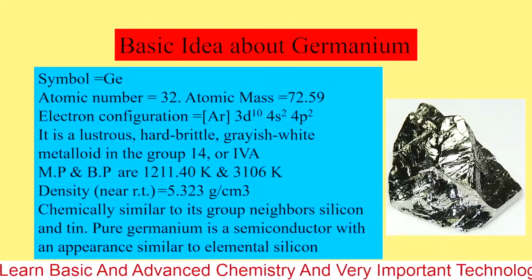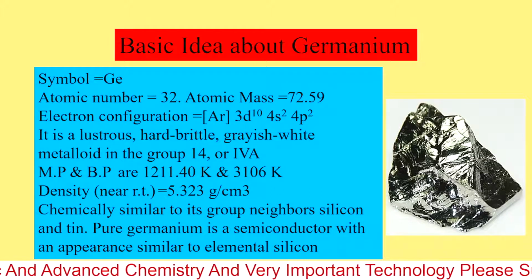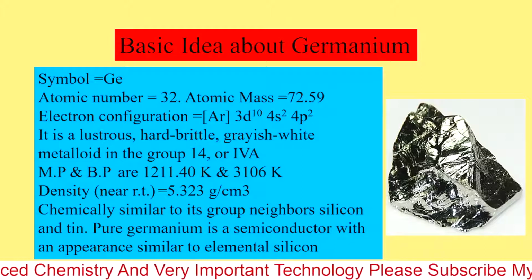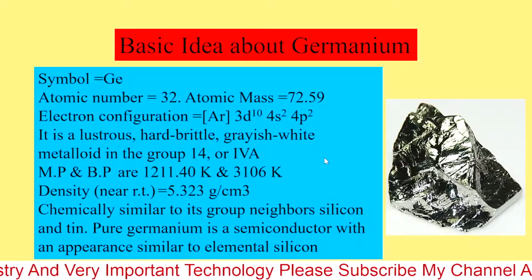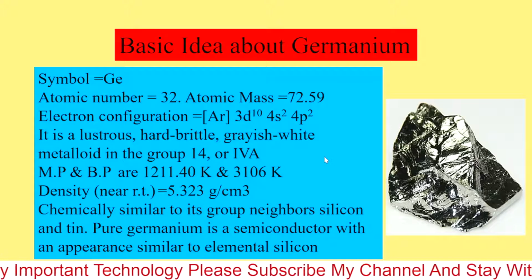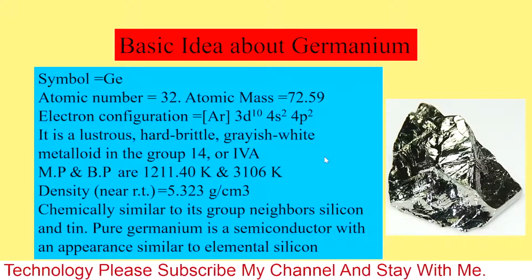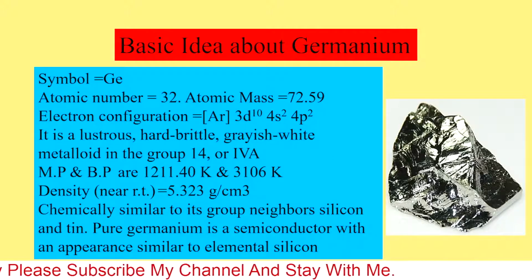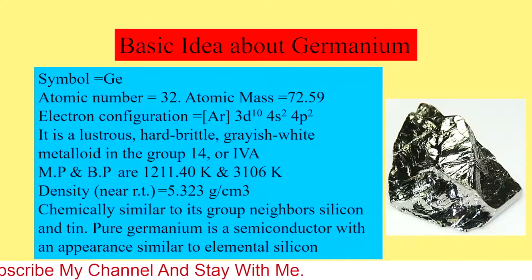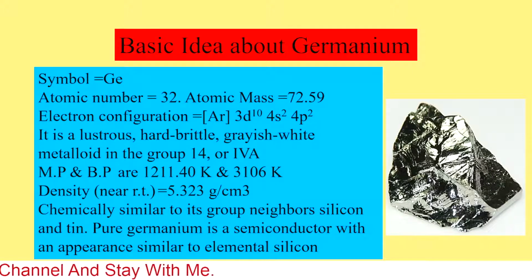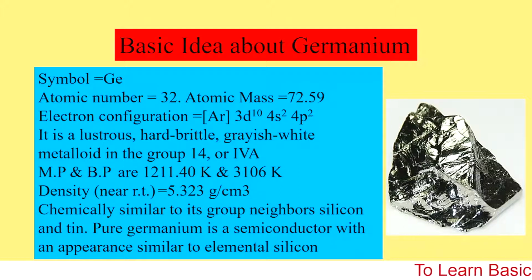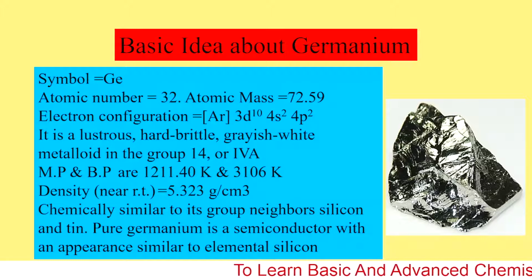So the melting and boiling points are quite large. We have also seen for some other non-metals like silicon and also boron that the melting and boiling points of those elements are very high. In most cases the melting and boiling points of non-metals or semiconductors are very high, and among them boron has the maximum melting and boiling points.